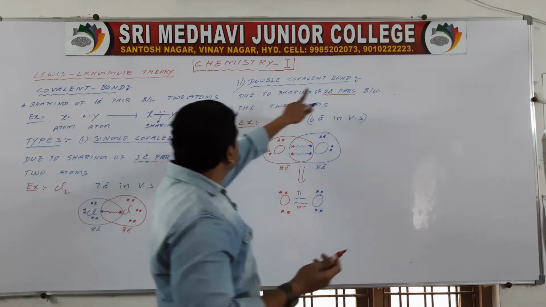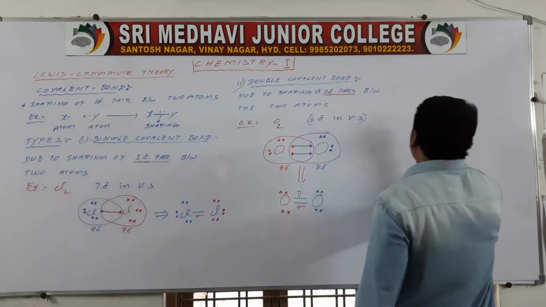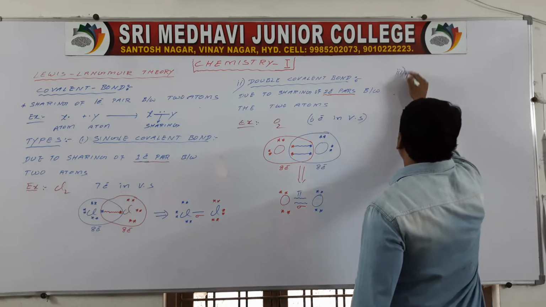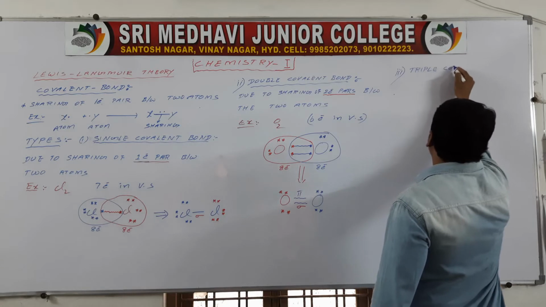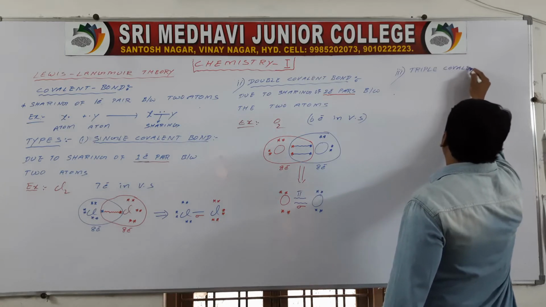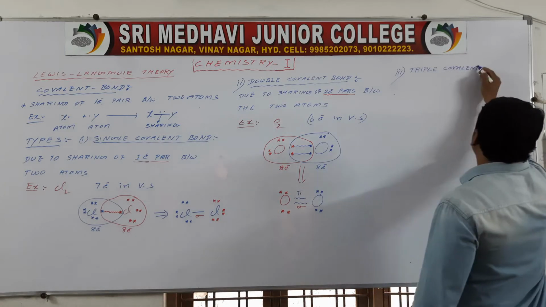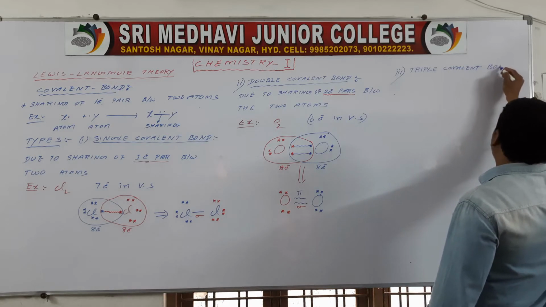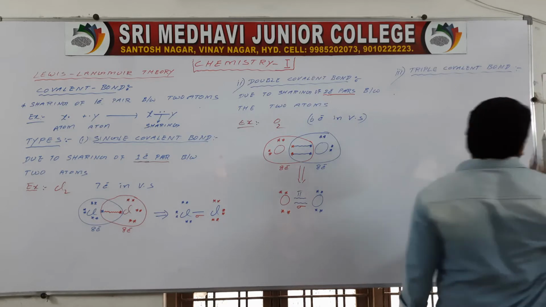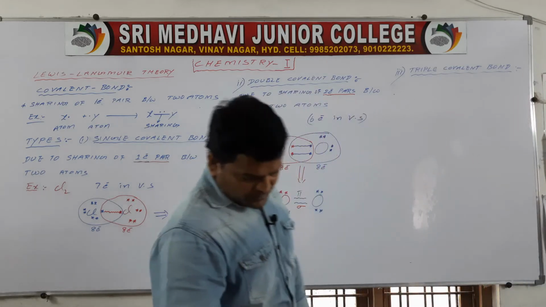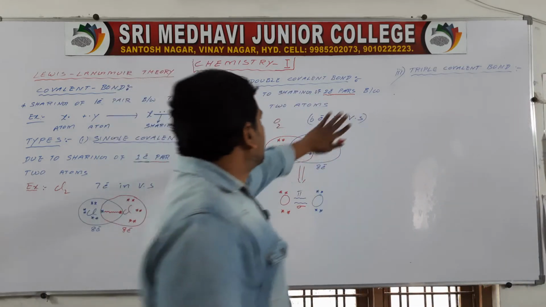Then the triple covalent bond we are going to discuss. A triple covalent bond. It is not a James Bond, it is a chemical bond. Okay, so triple covalent bond.